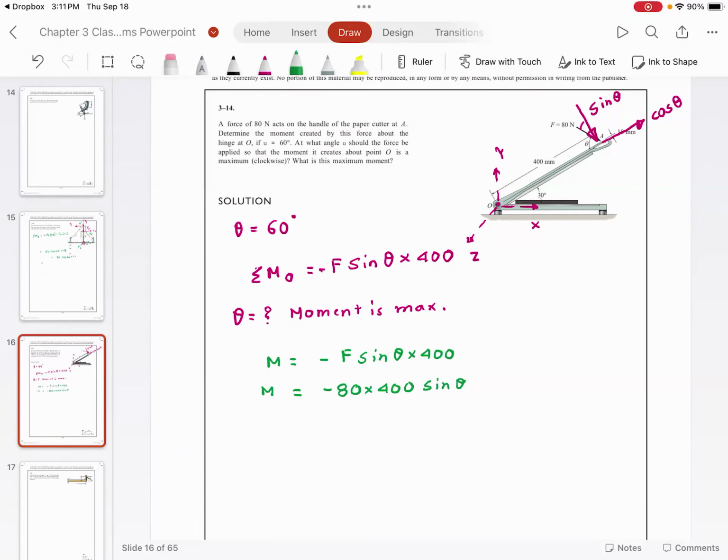How do we find out maxima or minima? The derivative. No. What it means, I'll give you another more intuitive explanation. At the end of the day, derivative is the slope of the line. Do you agree with me?